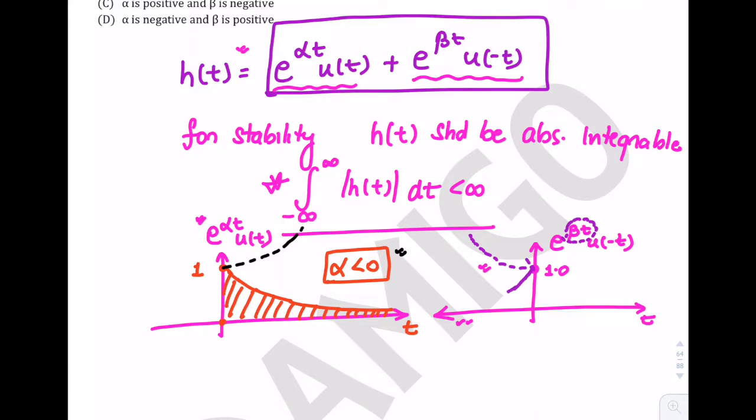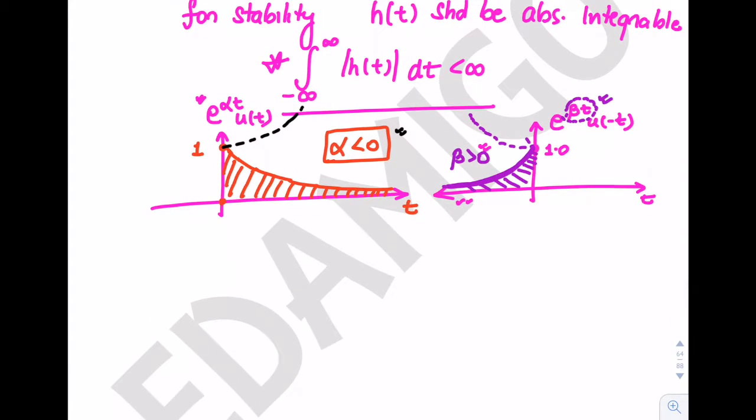Here beta has to be positive, so that when t is negative, e to power is a negative value and the signal decays, and at t equal to minus infinity, this is a 0 value, and thus this becomes an absolutely integrable signal.